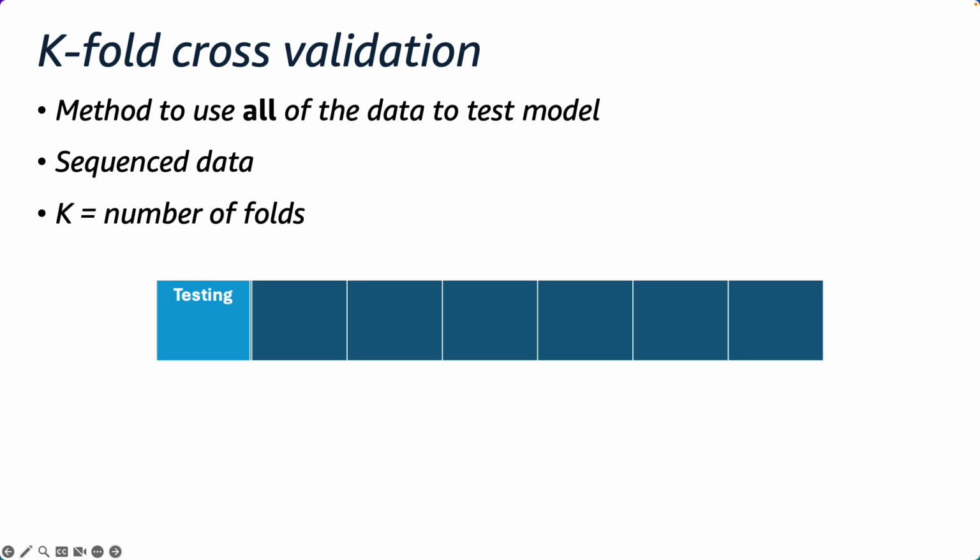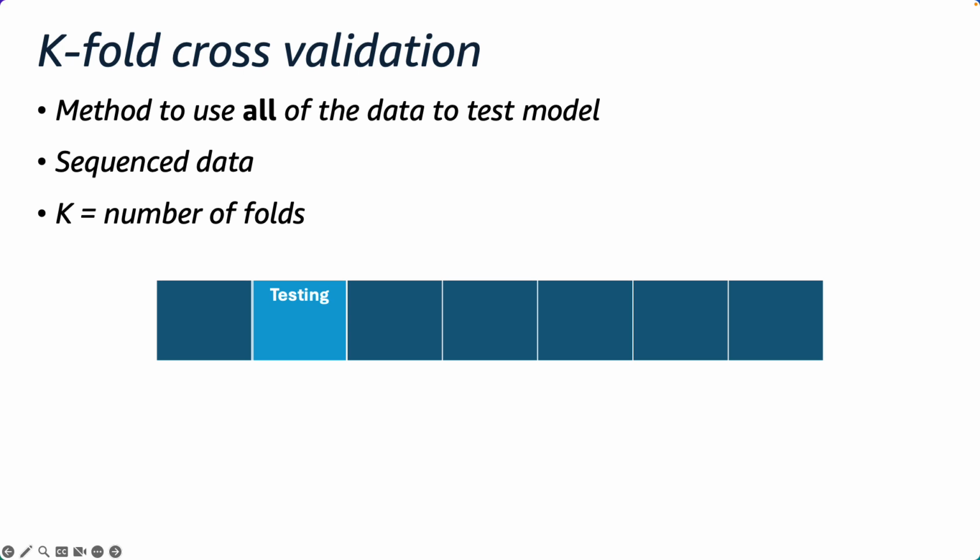So in this first iteration, we have the first portion of our data set as the testing data. And this looks similar to our train, test, and split. The difference is that when we run the second iteration, we move the test data set to the next fold or section of the data.